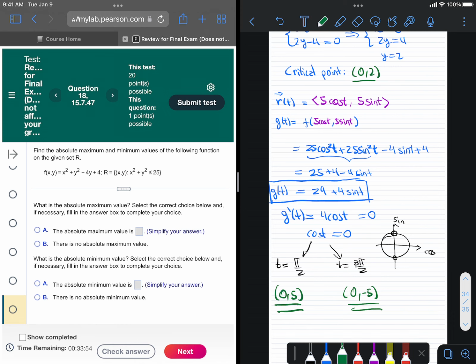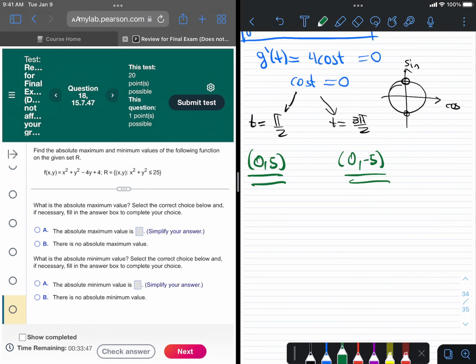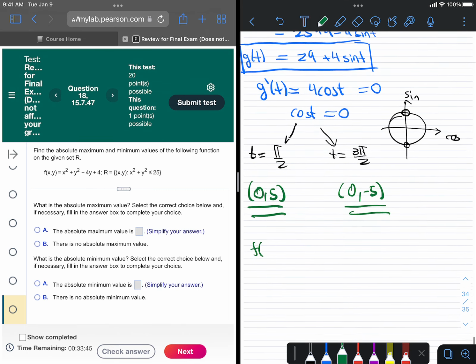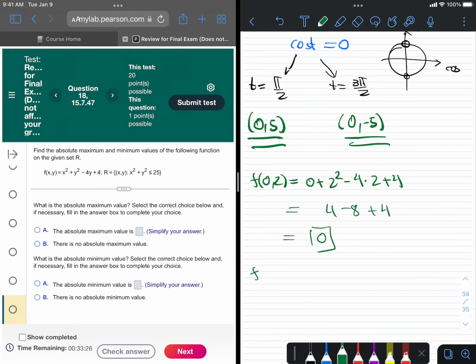So how do we decide which one is the absolute maximum, which one is the absolute minimum? We just plug them into f. So f of (0, 2), first I'll calculate that. That will be 0 plus 2 squared minus 4 times 2 plus 4. So that's 4 minus 8 plus 4. So 0. F of (0, 5) I'll calculate as well.